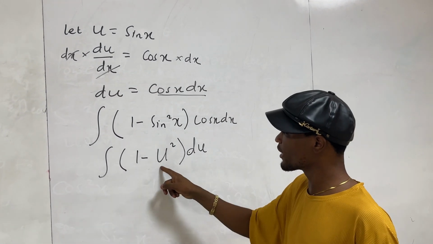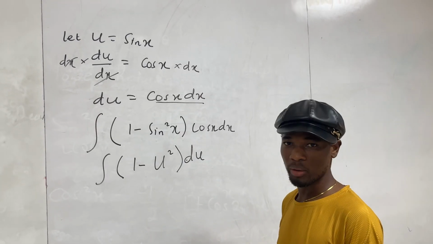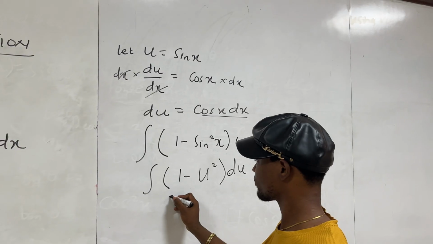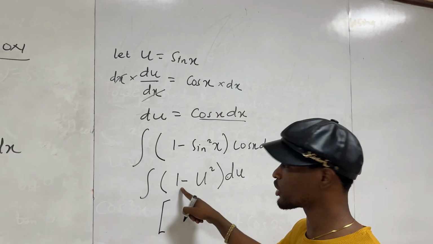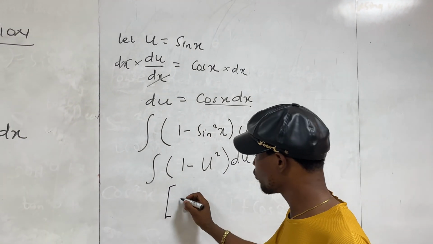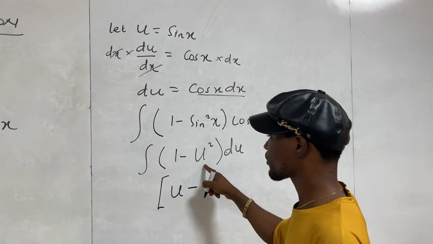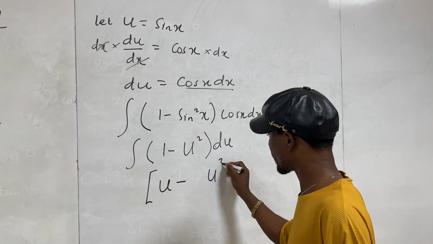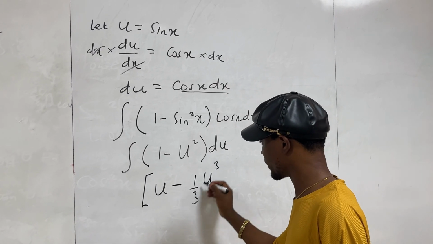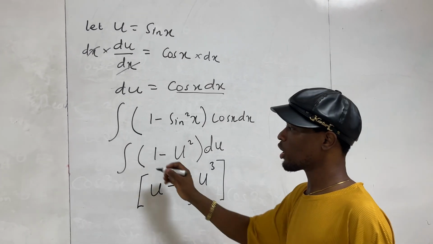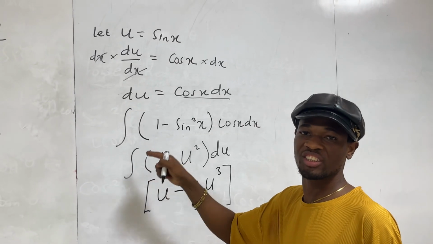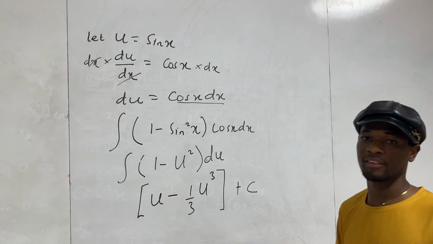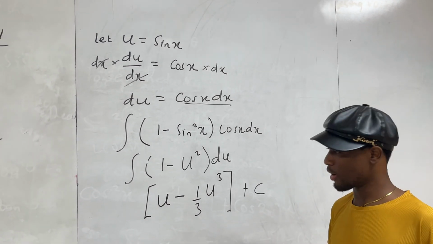So we are going to integrate this with respect to u. If I integrate 1 with respect to u, I have u, then minus, if I integrate u squared, I have u to the power 3 over 3, this way, right? Because this is an indefinite integration, I'll add the constant of integration, right? All right, good.